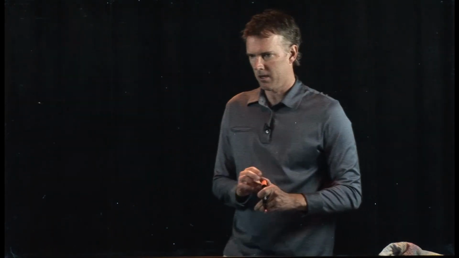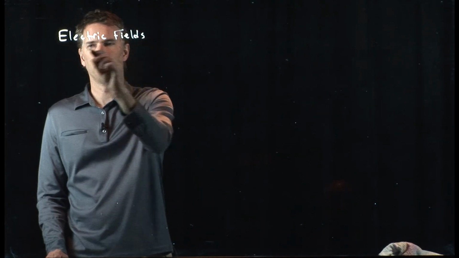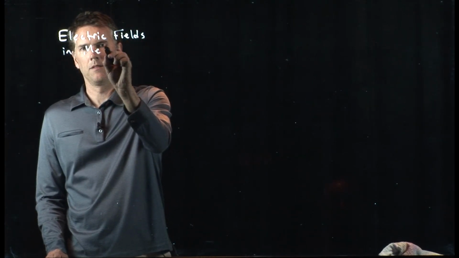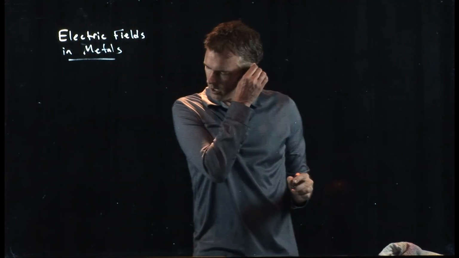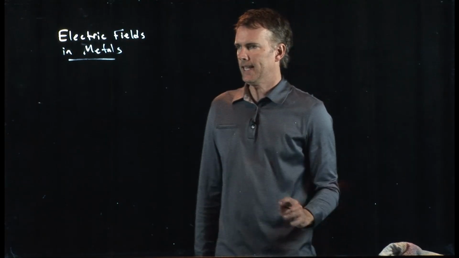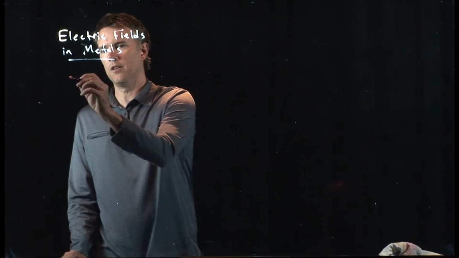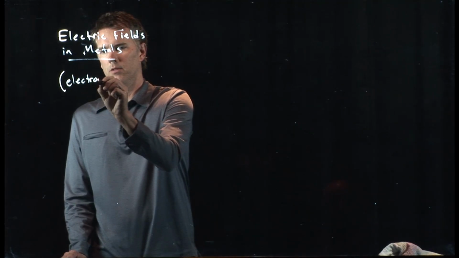One thing that we need to talk about is electric fields in metals. Okay, we mentioned this earlier in class, but let's refresh our memory. The idea is this: electrons in metals are free to move.